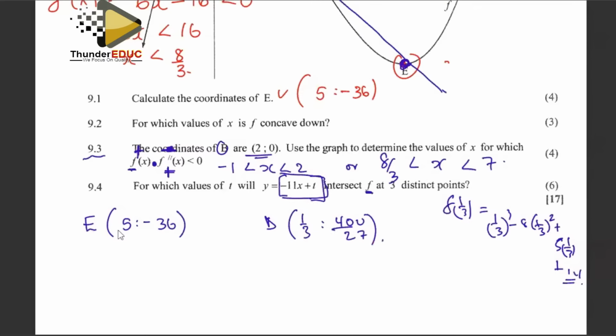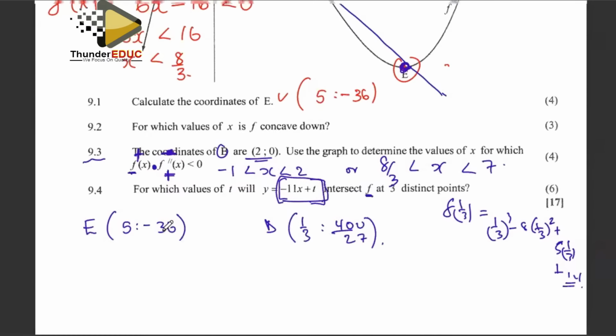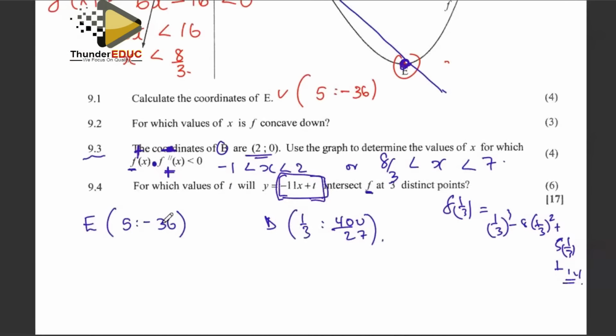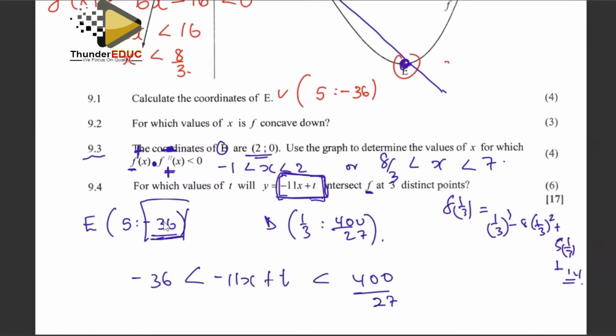Okay, so having obtained that, we believe that if my interest is this kind of scenario, this equation here needs to be equated to what I already have, meaning that I'm going to focus on the x value and the y value of this part. Our y, or our negative 11x plus t, should be between negative 36 and 400/27.